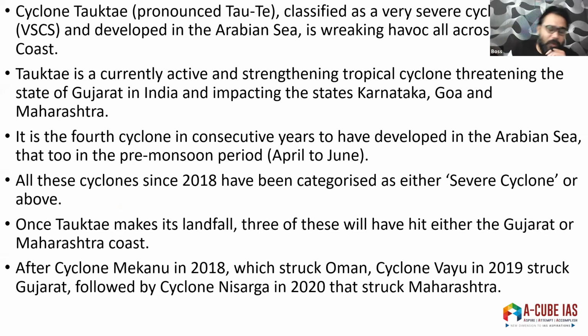You will not believe it, but the severeness of Tauktae was so much that rainfall for at least 2-3 days was observed. It happened in the month of May, when there is usually no sign of rainfall in Uttar Pradesh or Delhi or the nearby areas. But it was the impact of Tauktae that we saw rainfall during this time as well. So the severeness and the extent that these cyclones are showing is really a cause of worry for us.